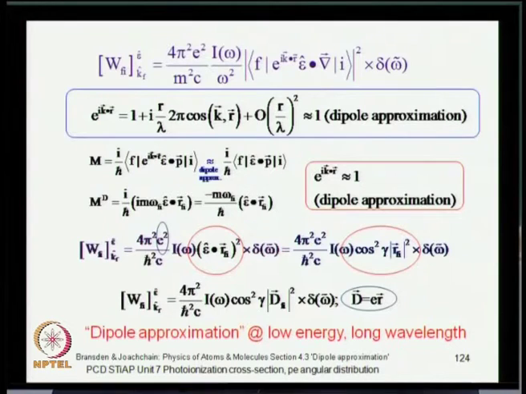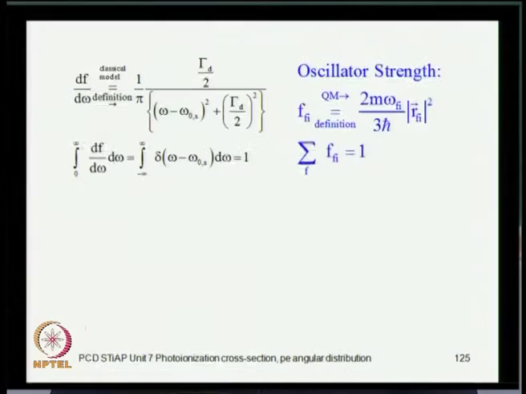So, this is the long wavelength approximation and it works reasonably well for 5 to 6,000 electron volts above the ionization threshold. Broadly speaking, there are exceptions.